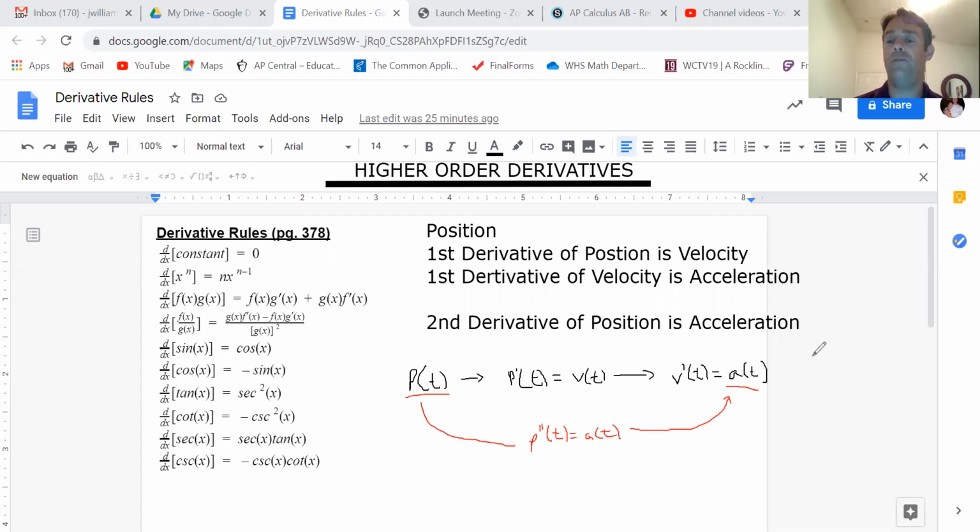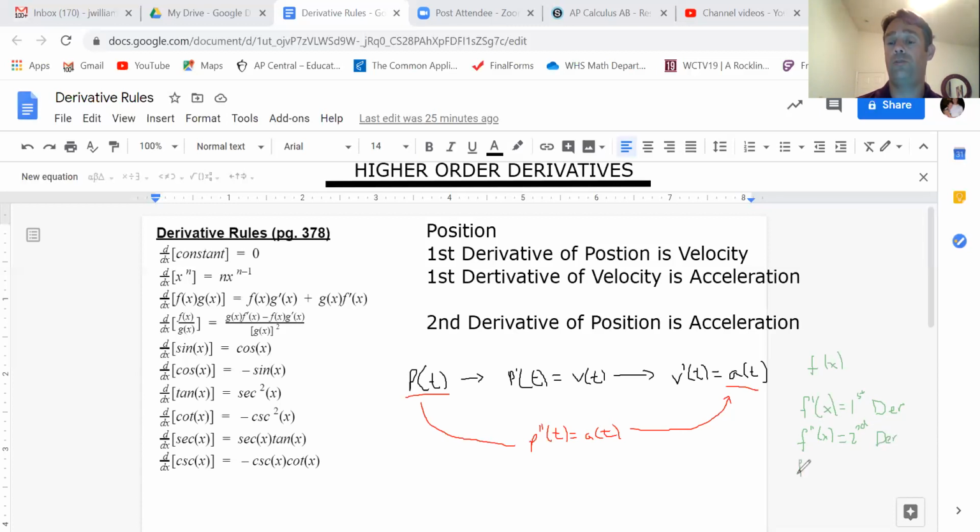So, for instance, we have f of x. That's a function. Well, f prime of x would be the first derivative. f double prime of x would be the second derivative, and we can just keep bringing this all the way down if we wanted to.